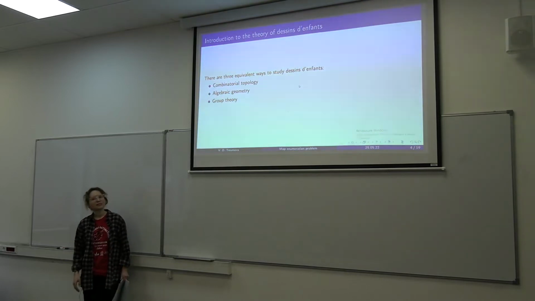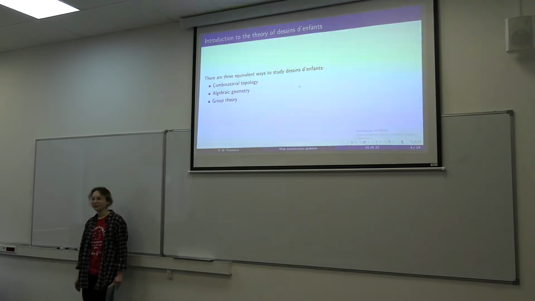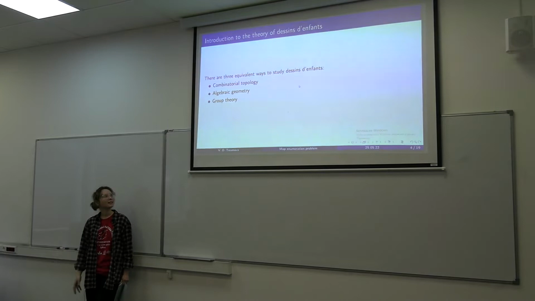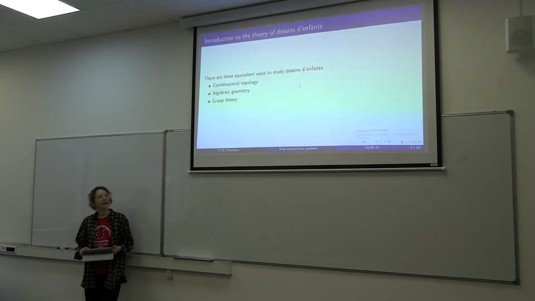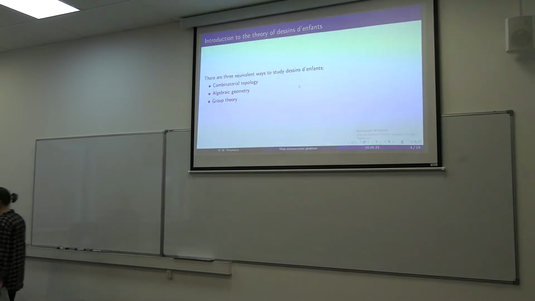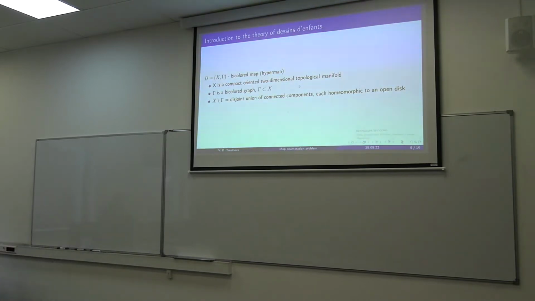And I think that the theory of Dessin d'enfant is unique because it is a unification of all these theories that existed through all of the history of mathematics. And to be more rigorous, these are equivalent categories.